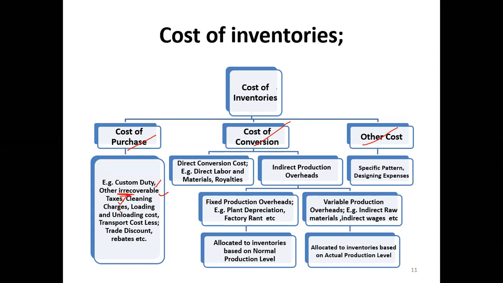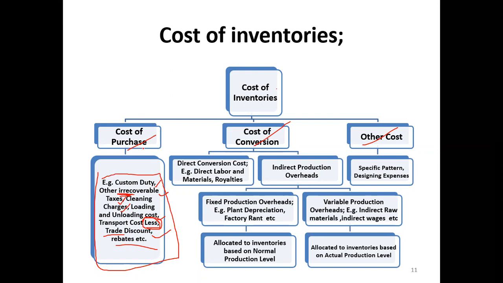So cleaning charges, loading and unloading cost, transport cost, minus, right? You can deduct trade discount, not cash discount, so trade discount and rebates. So these should be included in the cost of purchase.